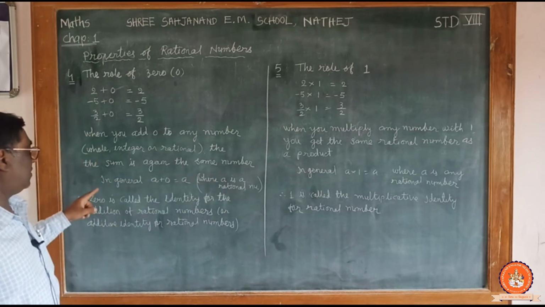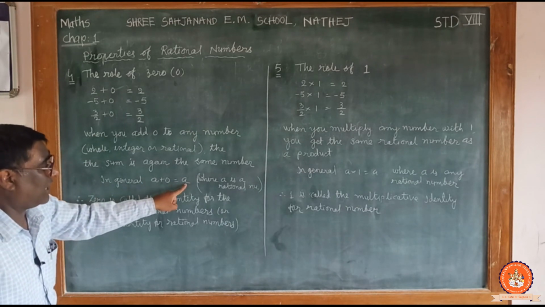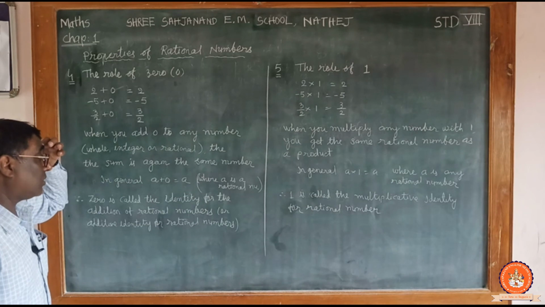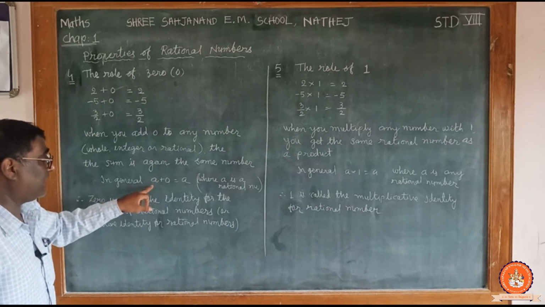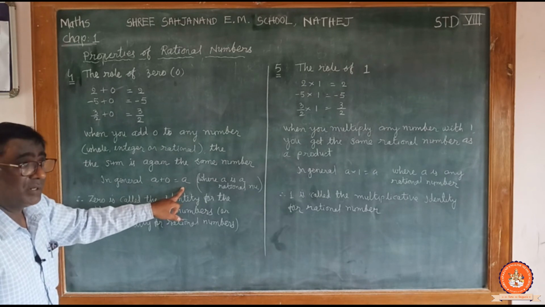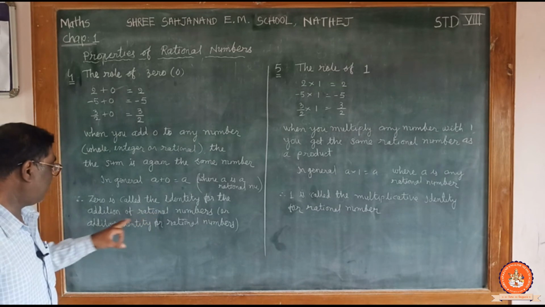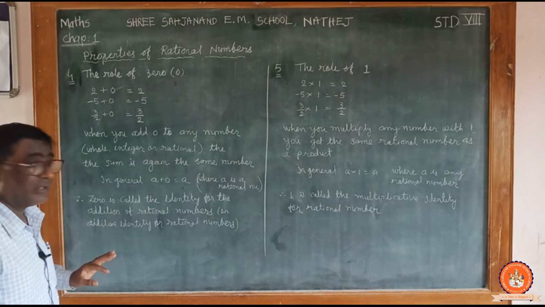In general, a plus 0 is equal to a, where a is a rational number. If you add 0 to any rational number, the answer is always the same rational number. So 0 is called the identity for the addition of rational numbers.